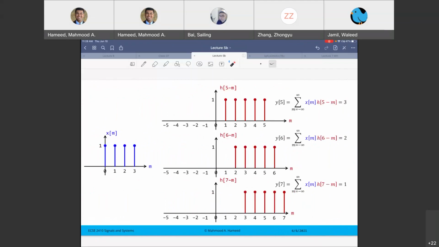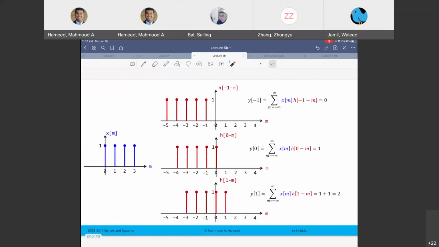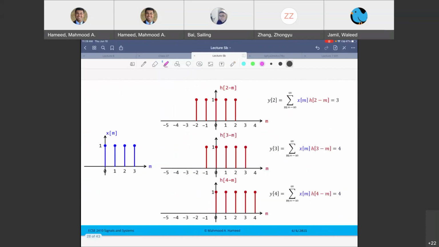At each move, you are finding out the common elements. So for example, over here, no overlap. For next guy, this is the overlap. For next guy, this is the overlap. 3 elements are overlapping. 4 elements are overlapping.